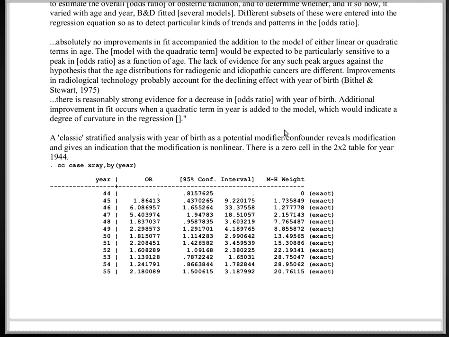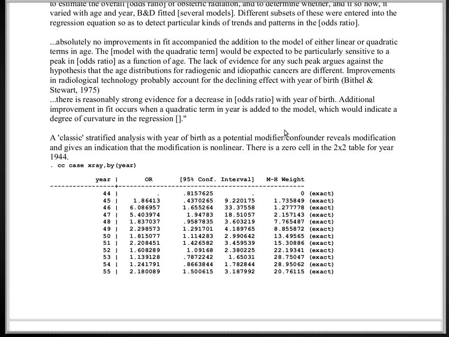Okay? In other words, they're looking at this disease exposure relationship for each year in their display initially. In other words, because this data was quite enriched, they were able to consider a stratified analysis where we're looking at the year of birth as a potential modifier confounder.